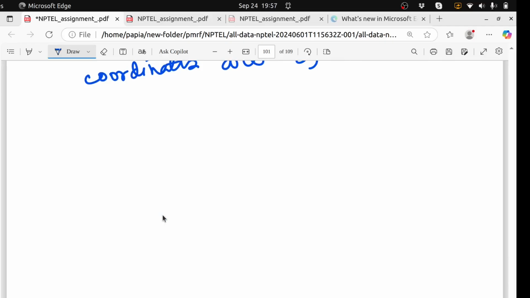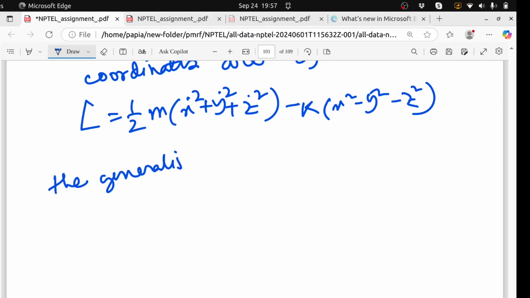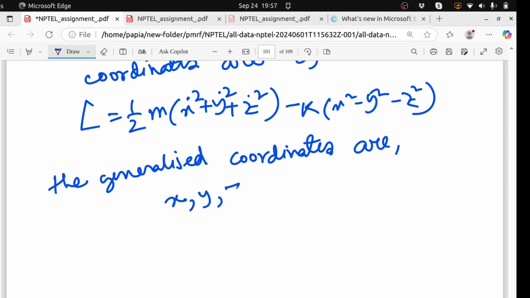So for this case, where our L is half m (x dot square, y dot square, z dot square) minus k(x square, y square, z square), the generalized coordinates are x, y, z.